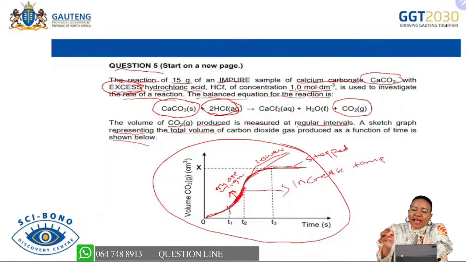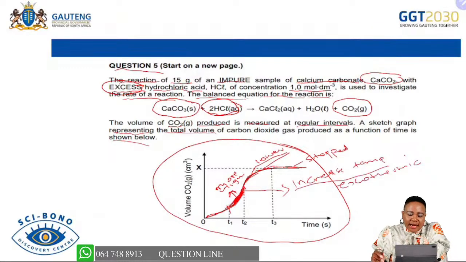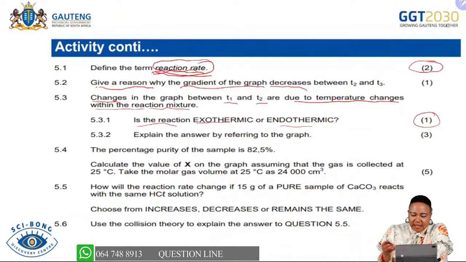We know that the higher the temperature, the higher the reaction rate. So it means here the temperature was increased, and an increase in temperature means the reaction is exothermic. So the steepness of the gradient is also telling us whether the temperature was increased or decreased. Because the gradient is steeper between T1 and T2, it is an indication that the reaction rate is higher. And when the reaction rate is higher, it means the temperature was increased. So the reaction is exothermic.